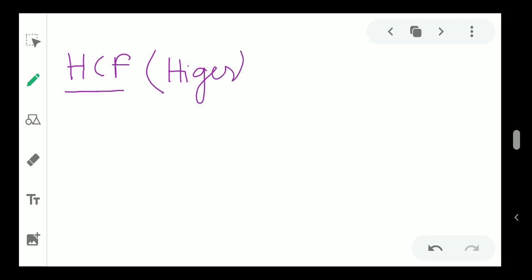Now one more thing is very important for us, that is to find out HCF and to find out LCM. So I'm coming a little bit to HCF. The full form is highest common factor, H for highest, C for common, F for factor.